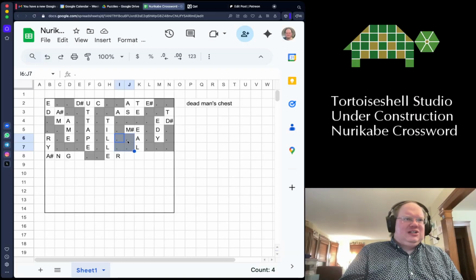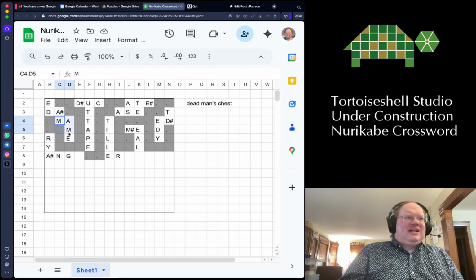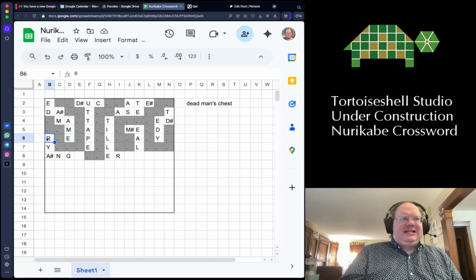Okay. Oh, what if I do? I was thinking maybe I slide over this part of edamame one to the left and slide duct tape over, but then there's not room for the R for replay.